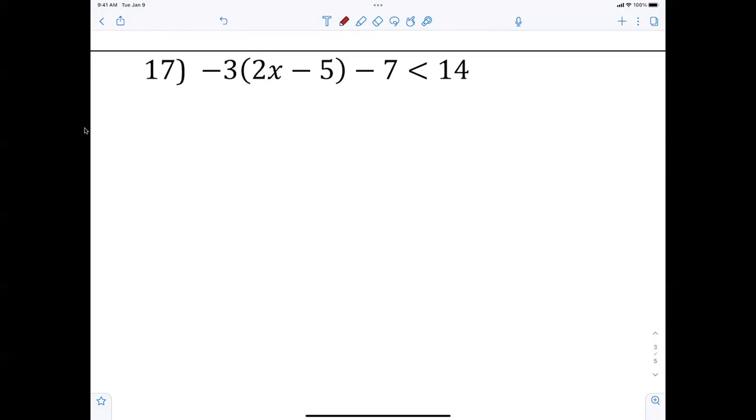X is greater than -1. Anybody else? Yeah, no work. Just looking up there and tell me what the answer is. Say it again, Whit. Is that what you got? Yeah, I think x is greater than -1.